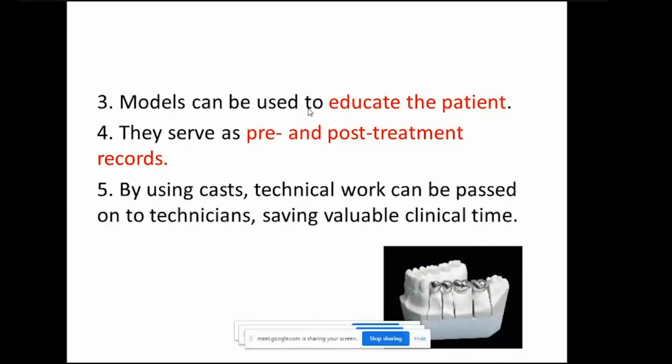Number four, this serves as a pre and post treatment record. Okay. What do you mean by it? Before doing any work, you can take impression to the finishing your work. You can take another impression in order to know about the changes that occurred during the treatment. مثل القبل وبعده.